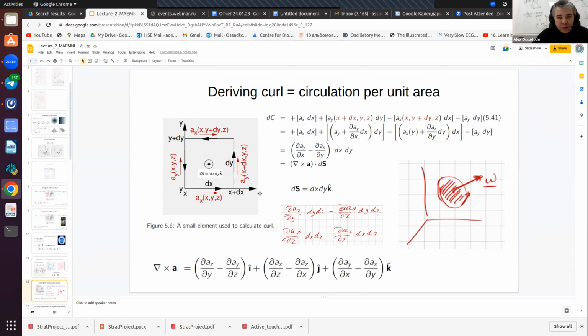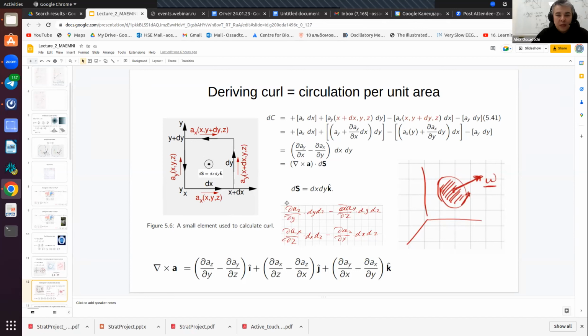And this is an element of our curl vector that is pointing along the k direction, along the z direction. This is the direction z, showing that it's looking from the screen onto you. And the length of this element of the curl vector is this one.